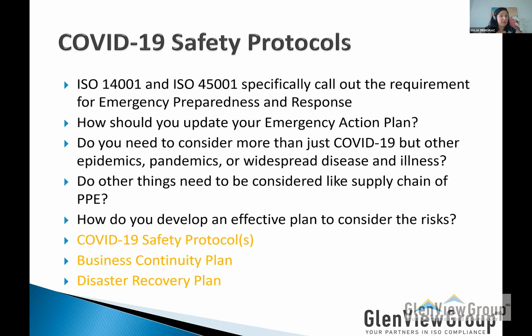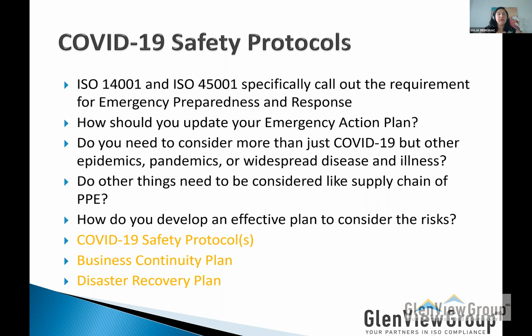And so we're going to be diving in a little bit more into COVID-19 safety protocols, but in terms of the ISOs, right? ISO 14001 and 45001 specifically call out the requirement for emergency preparedness and response.